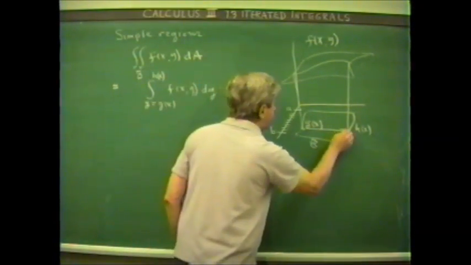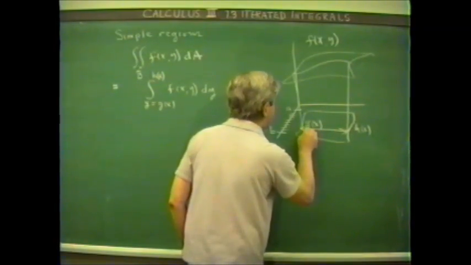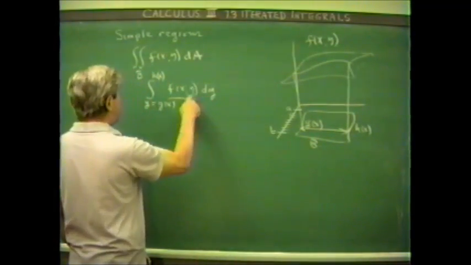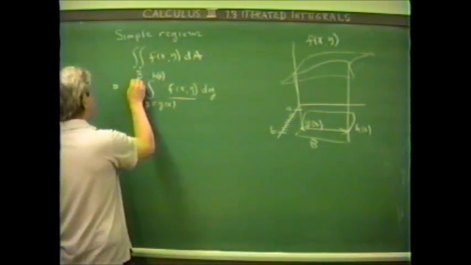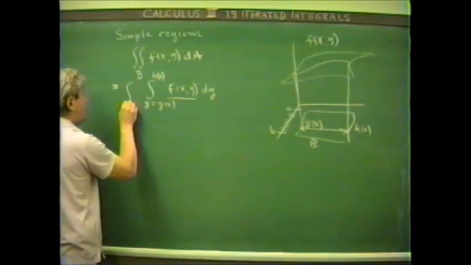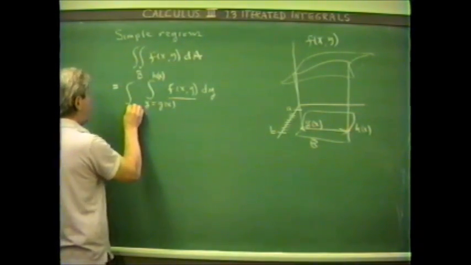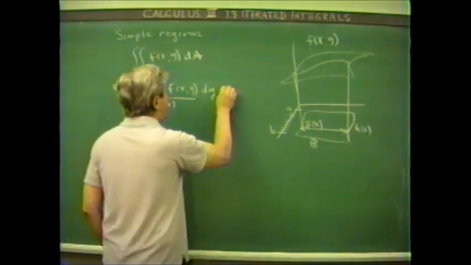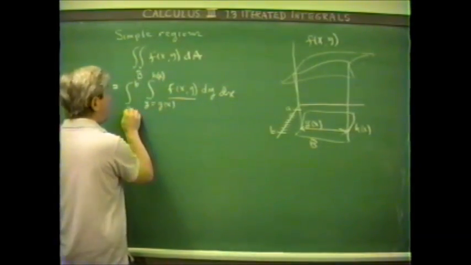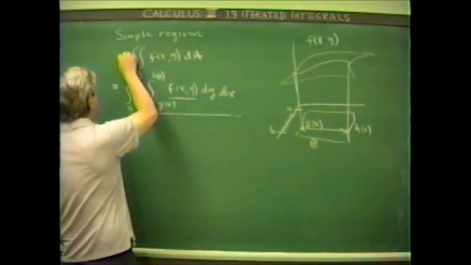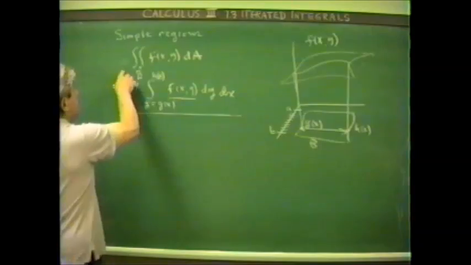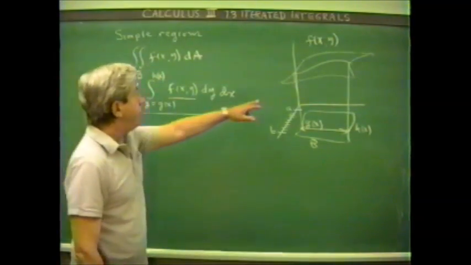We're integrating in the y direction, so we'll integrate our function with respect to y, fixing x. Then we want to integrate the result that we get from a to b with respect to x. And this double integral will give us the volume underneath the graph of this function.